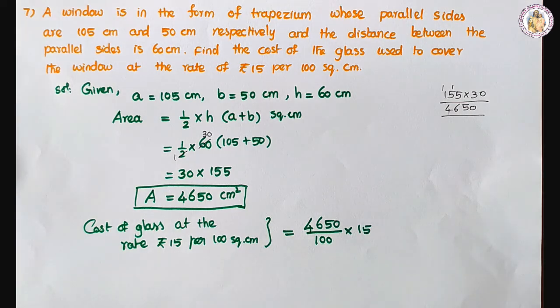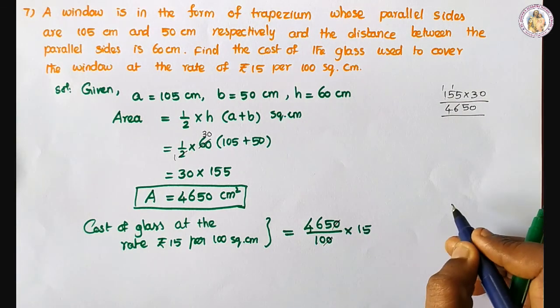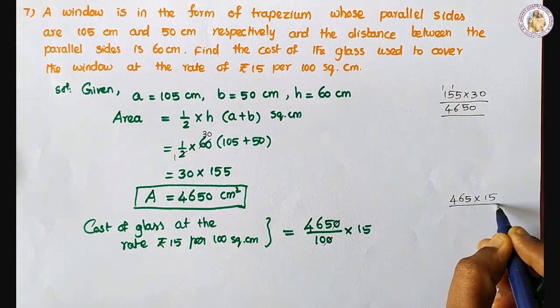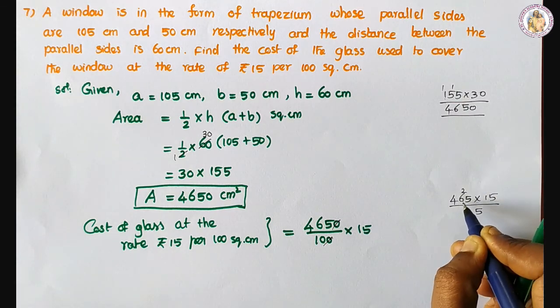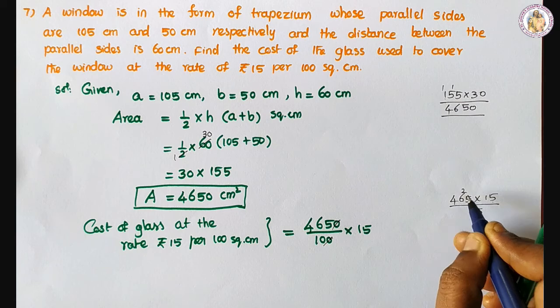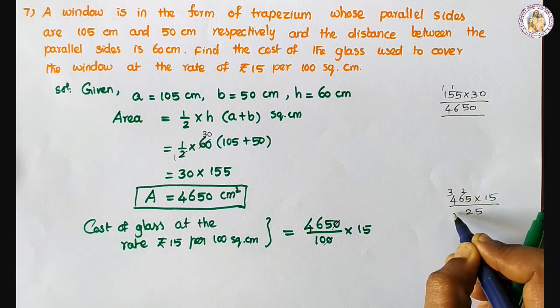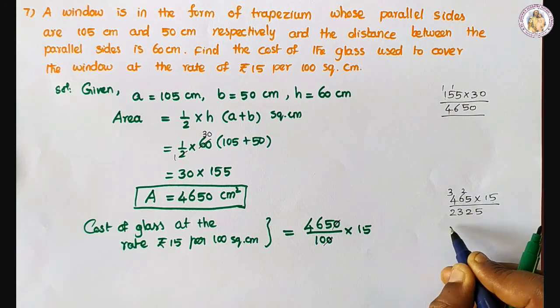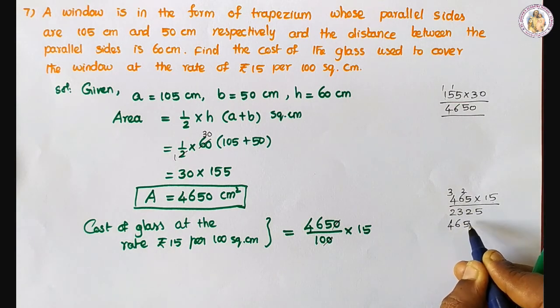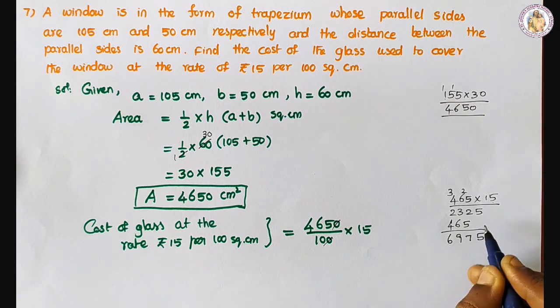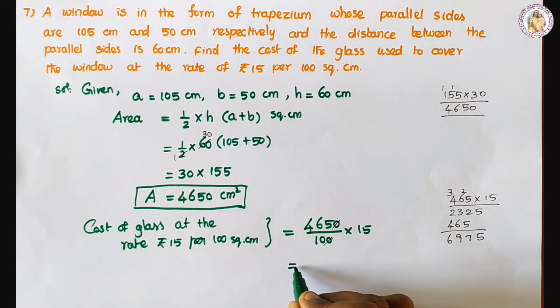The zeros cancelled. So multiply these two numbers. 465 into 15. 5 5s are 25. Carry over 2. 6 5s are 30 plus 2, 32. 4 5s are 20 plus 3, 23. Then 465, so 6975.